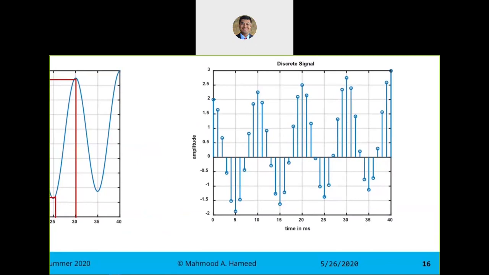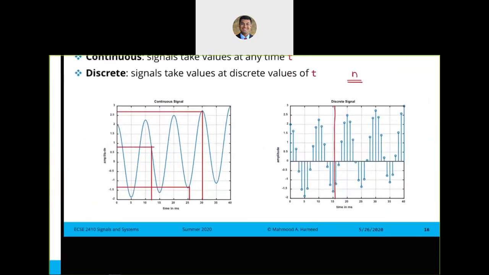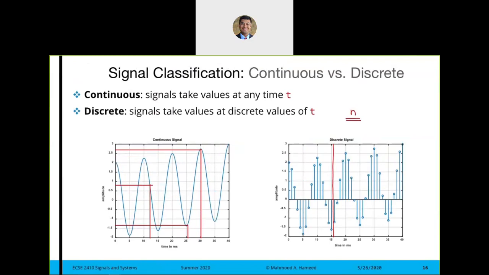Now, it is very possible that for some particular time value, there is no value. As you can see, just after 15 milliseconds, the line that I drew, there was no value there. So the values are being selected. So that's one way of going from a continuous signal to a discrete signal.